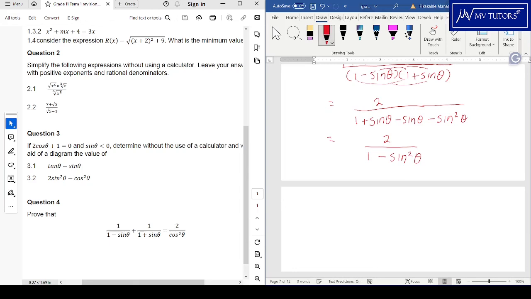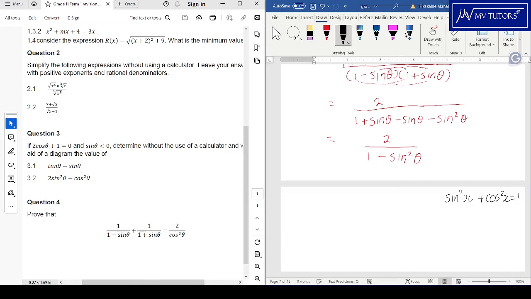Now, there's something I want to show you on the side here. We must know that this is an identity: sine squared x plus cos squared x is equal to 1. Always.